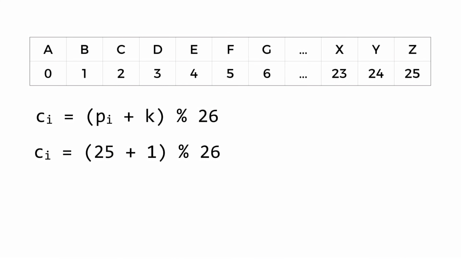And I want to shift it by the key k, which in this case is 1. So I have 25 plus 1, which is the number 26, and 26 mod 26 is what's the remainder when I divide 26 by 26? Well, the remainder is just 0. So I'm left with 0, which corresponds to A in the above chart.